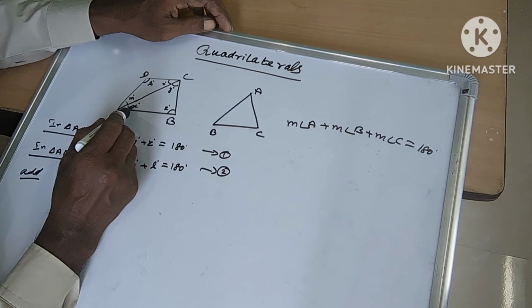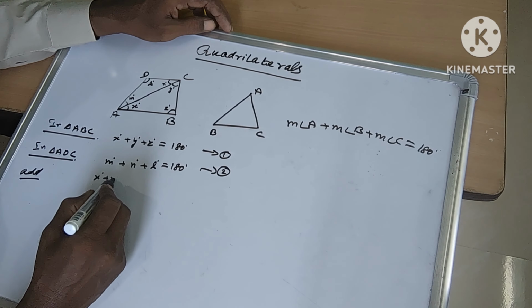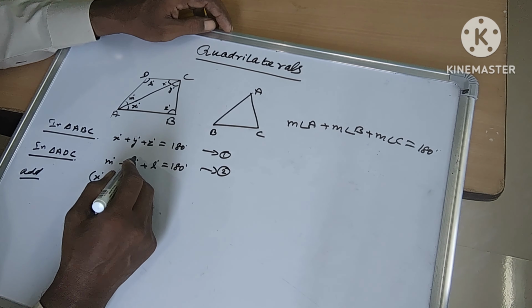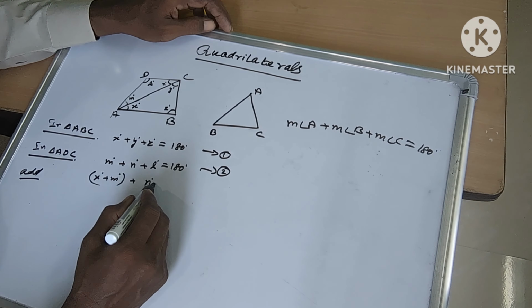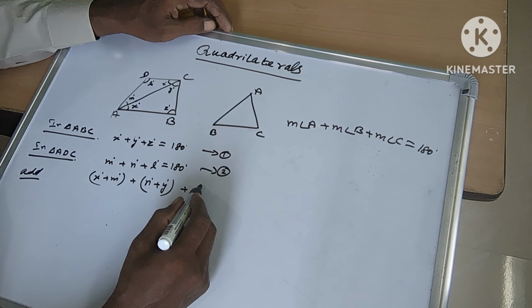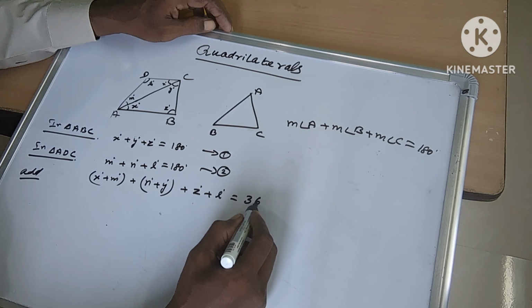X plus M is measure angle A, this X angle, this is M, plus N and Y plus Z plus N equals 180 plus 180, 360.